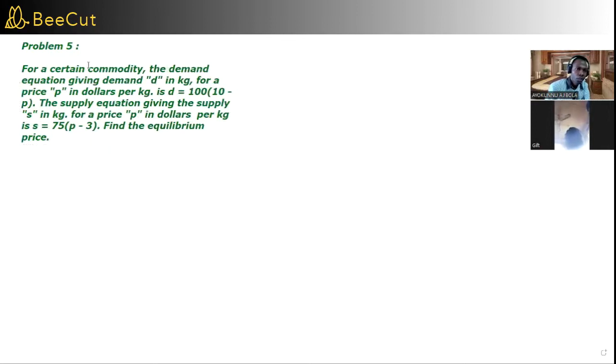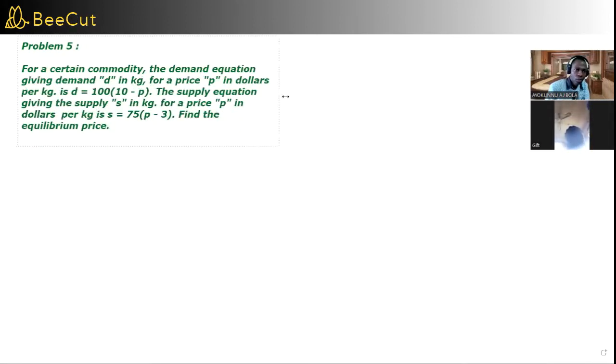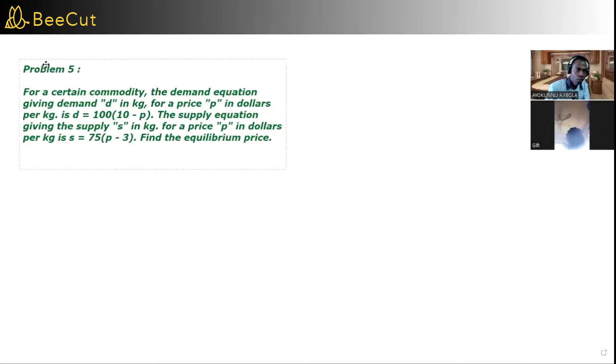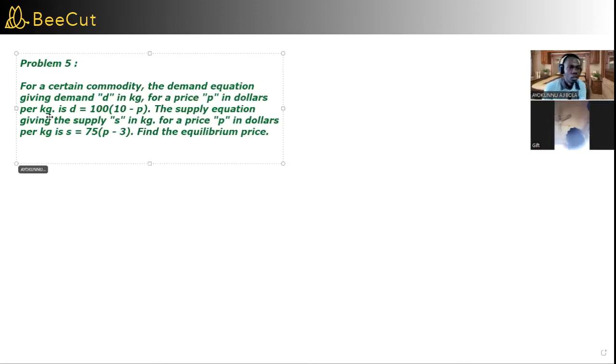For a certain commodity, the demand equation. Now we're looking at a simple equation this time around. The demand equation, given demand D kilogram for a price P in dollars per kilogram, is D equals 100 into (10 minus P).